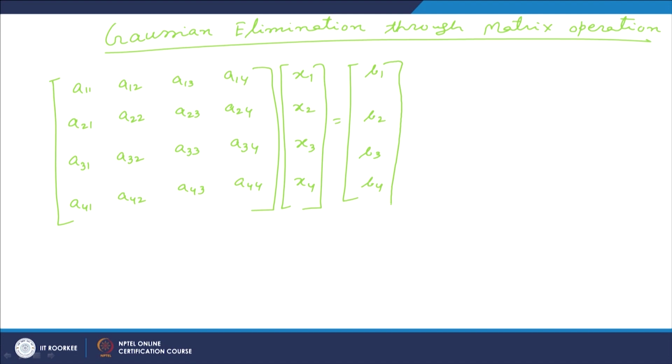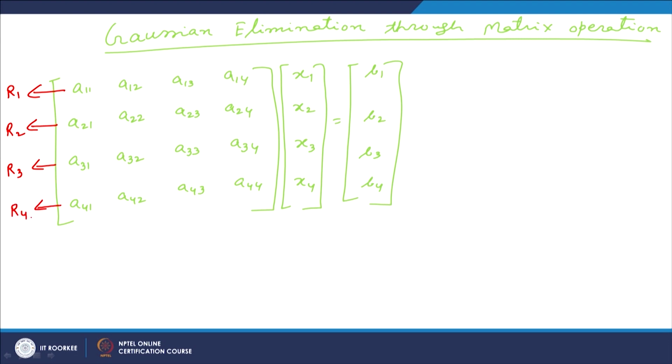So, these are the equations. For matrix operation purposes, we denote them as rows: this is row R1, this is row 2, this is row 3, this is row 4.